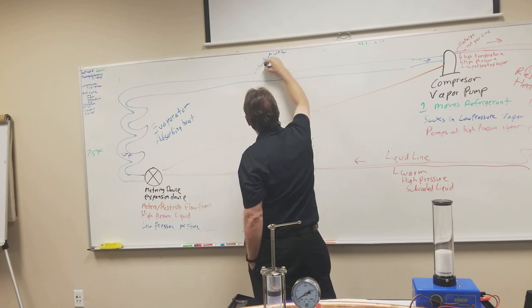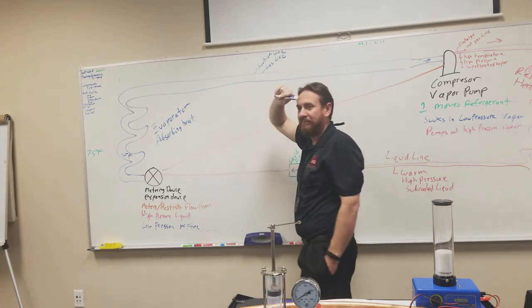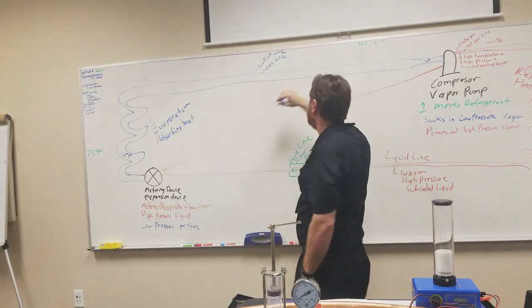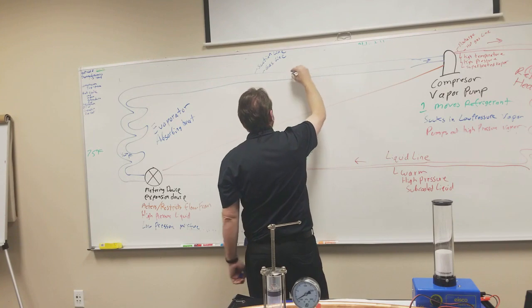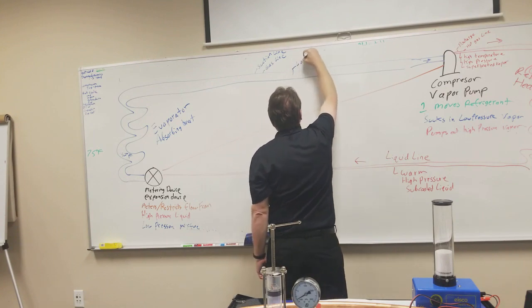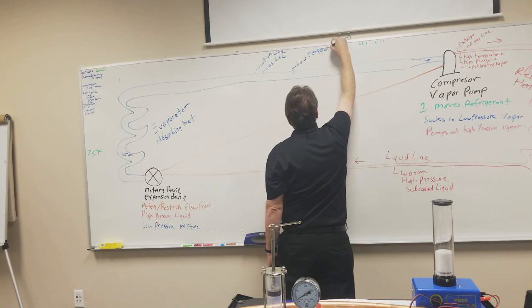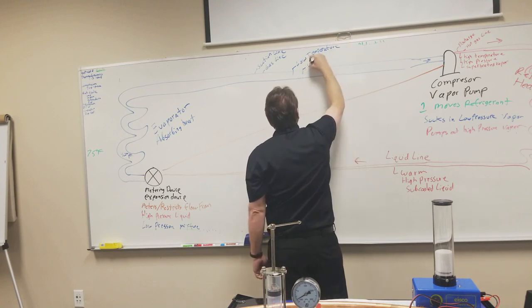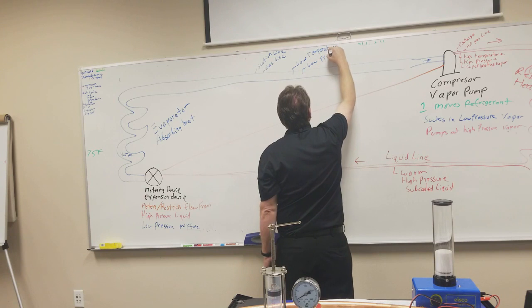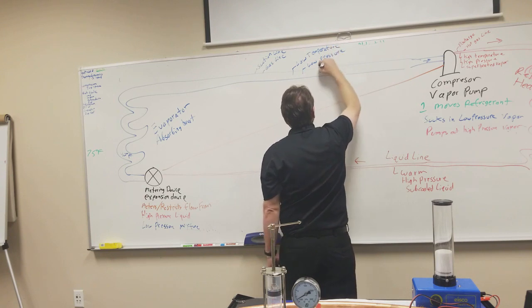It's also called the gas line. Some people prefer to call it a suction gas line. Sums it up. The refrigerant inside this line is a low temperature, low pressure, superheated vapor.